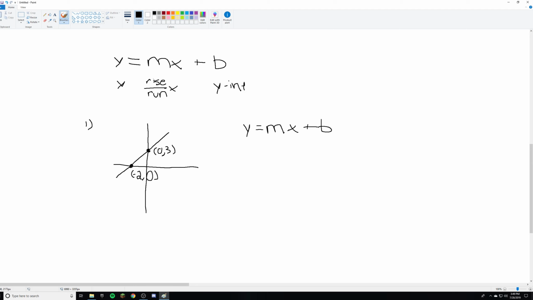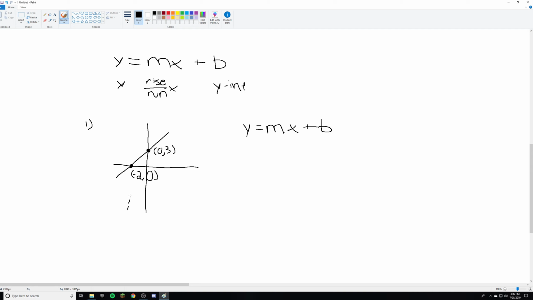The slope is the ratio of the line moving spaces up and to the side. You put how far it moves up on top and how far it moves horizontally on the bottom, vertically and horizontally, sorry. To find the slope, we're going to see how many it takes to go up.